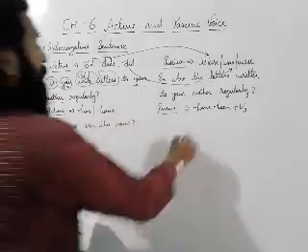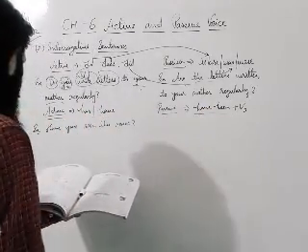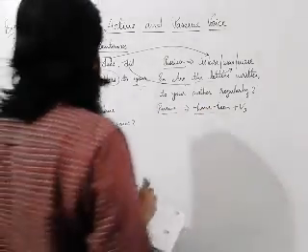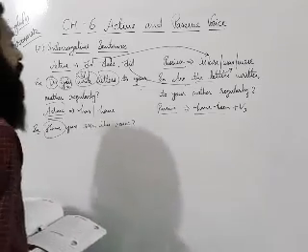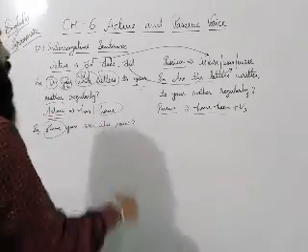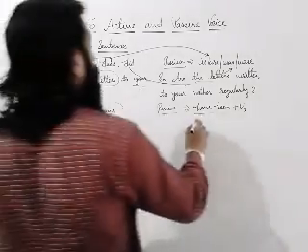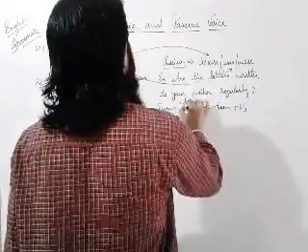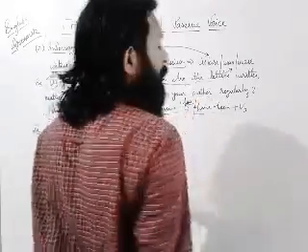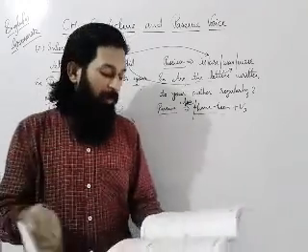Then have been is given here. If the object is singular, then generally you have to write has been for singular and have been for plural.